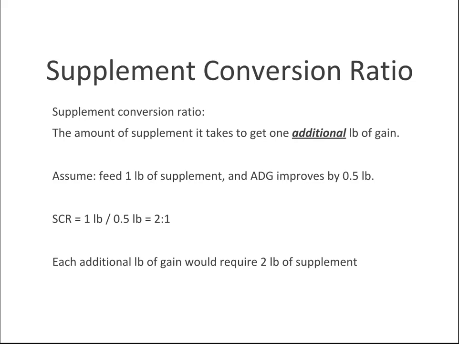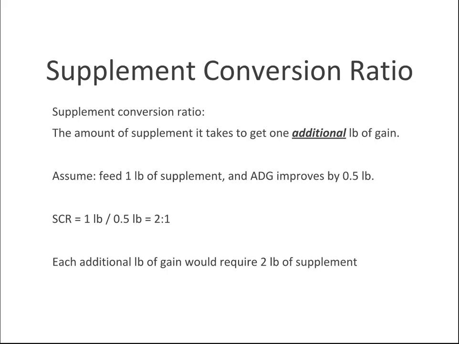Supplement conversion ratio tells you the amount of supplement it takes to get 1 additional unit of gain. From the previous example, assume that we feed 1 pound of supplement and the cattle gain an additional ½ pound. I think it was actually 0.49 pounds in the previous example, but we'll assume it was 0.5 pounds, so the math is easy.